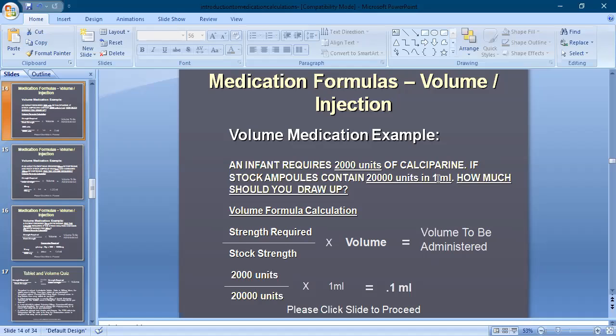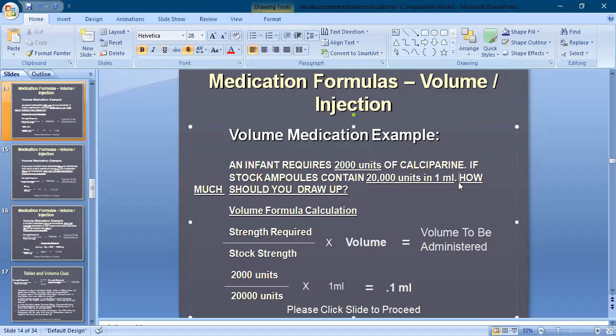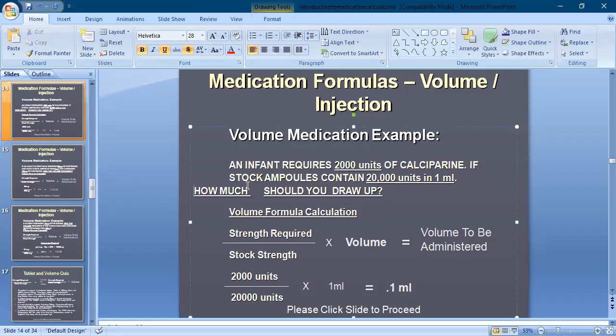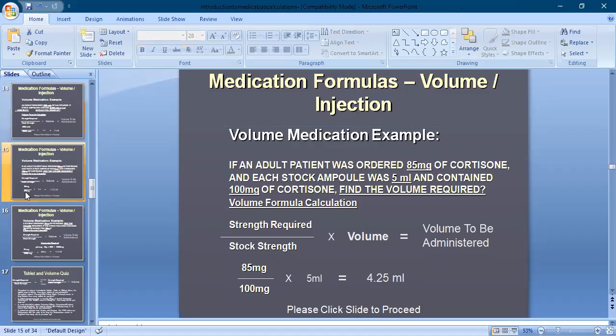How much should be drawn? The volume formula says strength required, 2000, divided by strength in hand, 20,000, multiplied by 1 ml. It is 0.1 milliliter that I need for my patient.